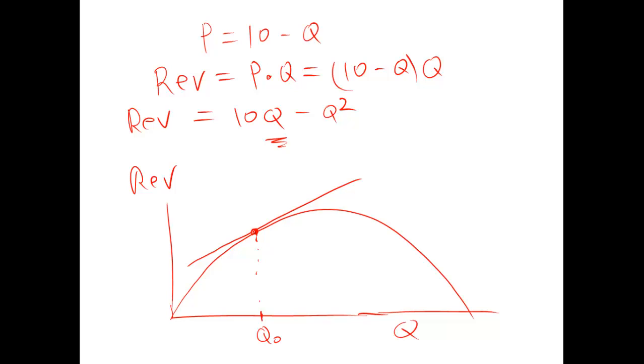Now there are ways of finding that, and some of you know those things from other kinds of math classes, but let's just talk about the intuition of what's going on. Suppose we think about a couple of other quantities that surround Q0, and we'll call them Q1 and Q2. Q1 has associated with it some level of revenue that we'll call R1.